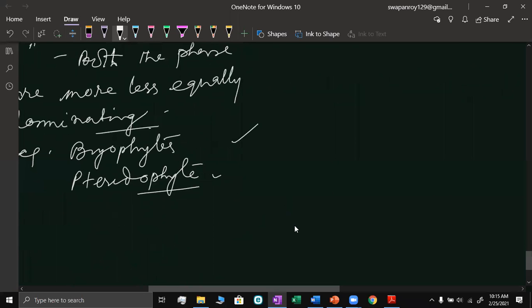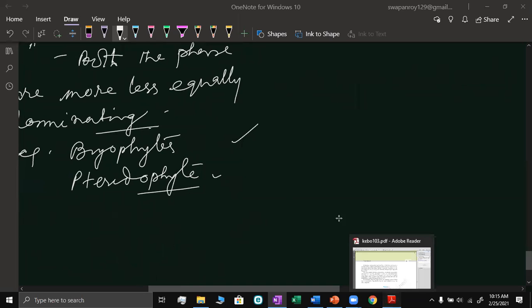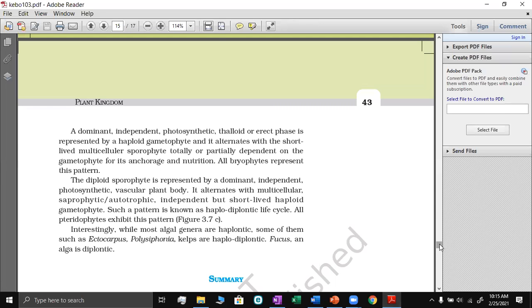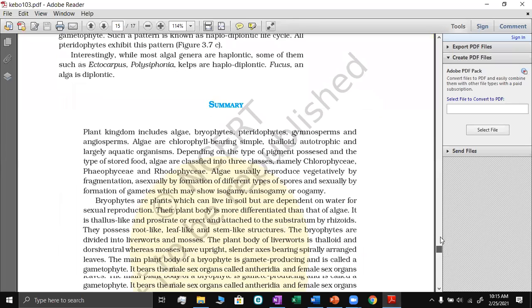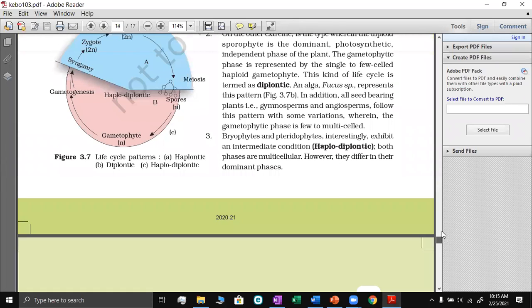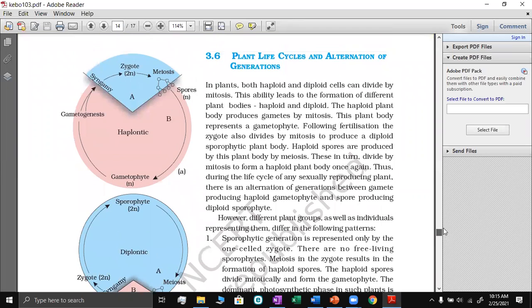You can see this, I will show you from your book only. This diagram of the plant life cycle and alternation of generation.